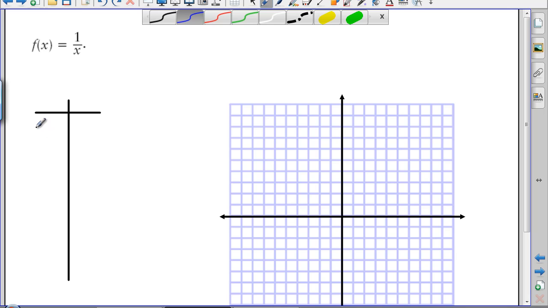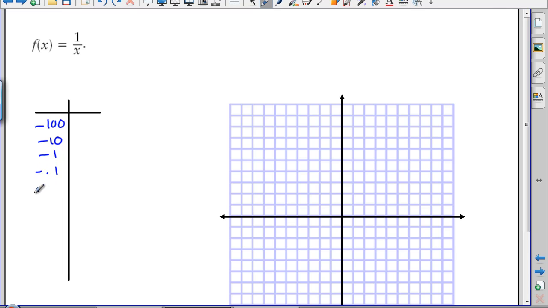So I'm going to start with some extreme values like negative 100, negative 10, negative 1, and then I'm going to pick some values that are fairly close to 0. And I'm going to use 0, and then I'm going to use the same values but on a positive side.